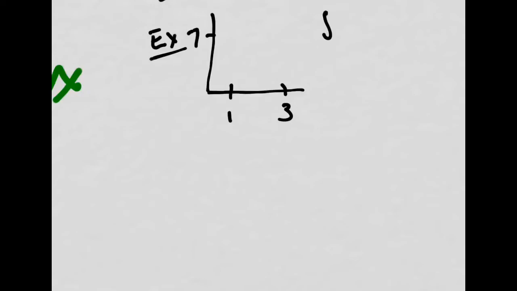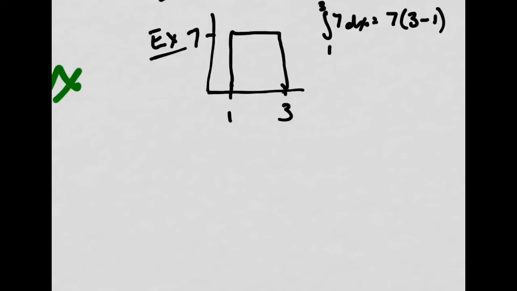The integral from 1 to 3 of 7 dx, if you remember, was 7 times 3 minus 1. Because if we were looking at this, you were going in this direction, from bottom to top. And so you're integrating from 1 to 3, which means you have a height of 7 and a width of 3 minus 1.